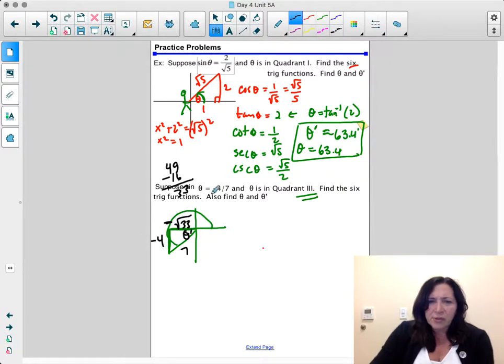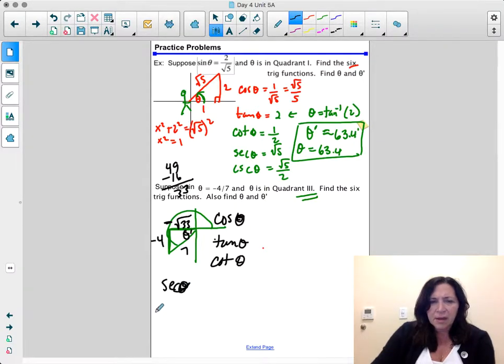So 6 trig functions. We've got sine of theta. Now let's try to find cosine of theta, tangent of theta, cotangent of theta, secant of theta, and cosecant of theta. Cosine is adjacent over hypotenuse, so that's going to be equal to negative root 33 over 7. Tangent's opposite over adjacent, so that's 4 over root 33.